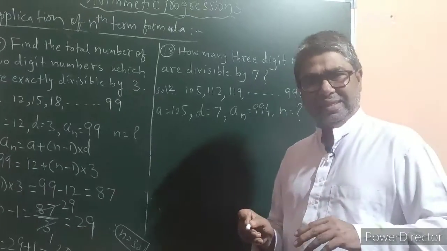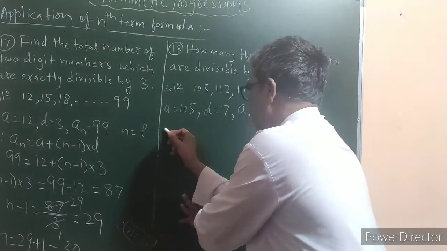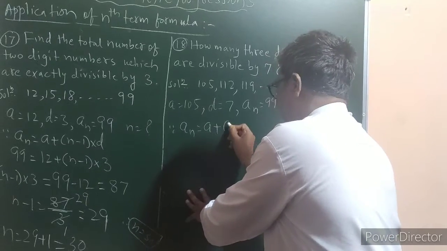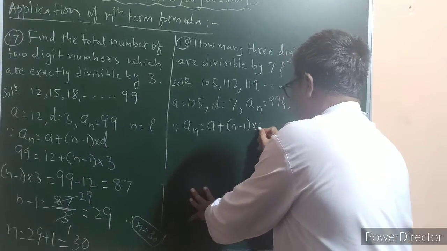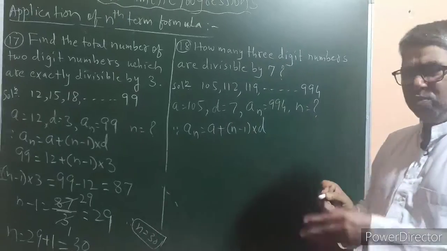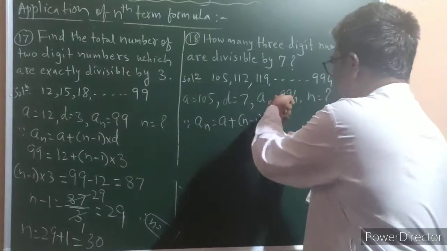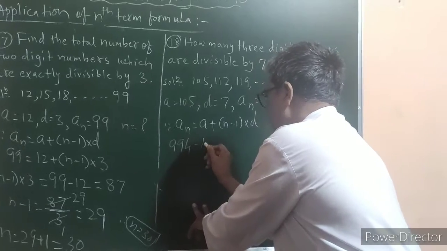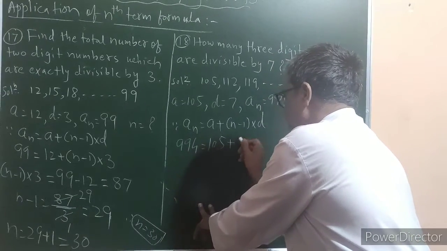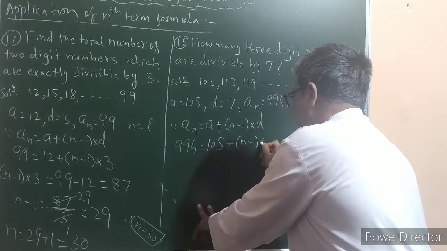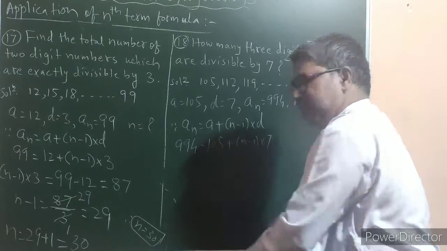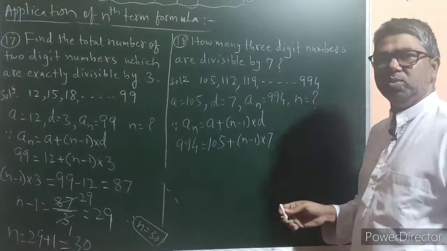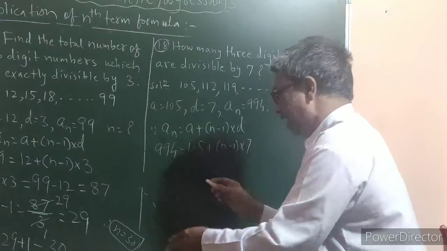After analyzing the statement, write the formula: an is equal to a plus n minus 1 multiplied by d. Substitute the values: 994 is equal to 105 plus n minus 1, multiplied by d, which is 7. In the next step, n minus 1 into 7 is to be shifted to the left-hand side.